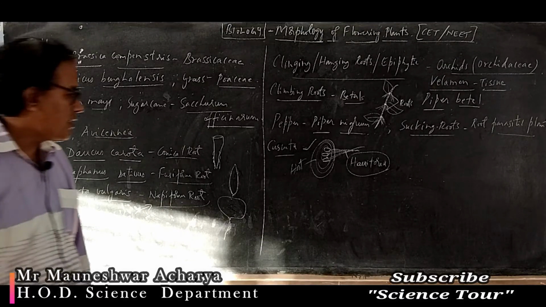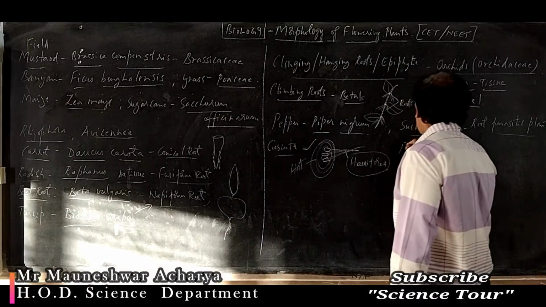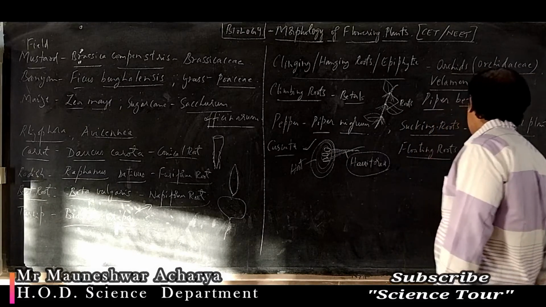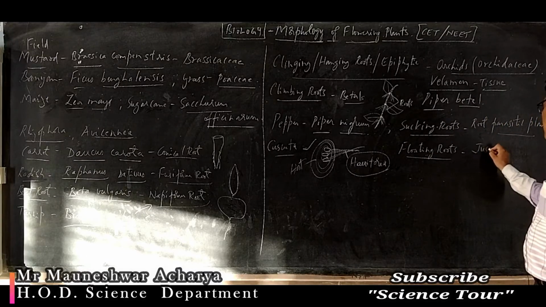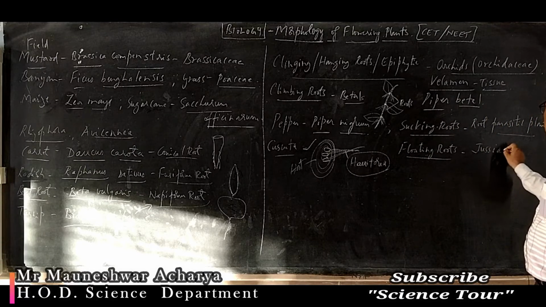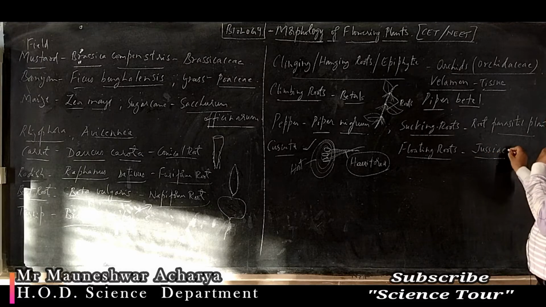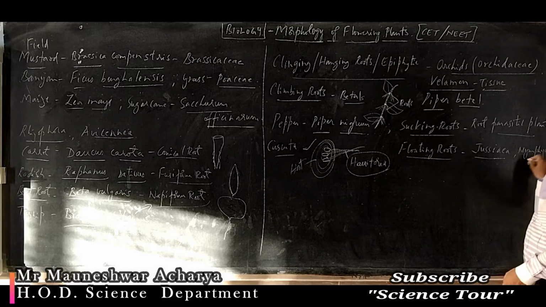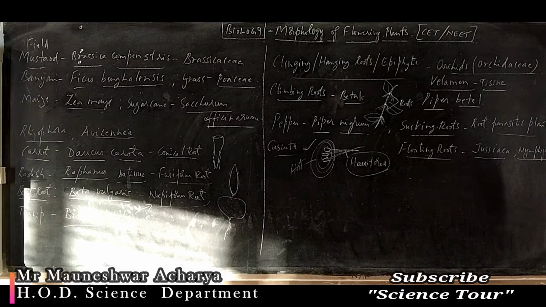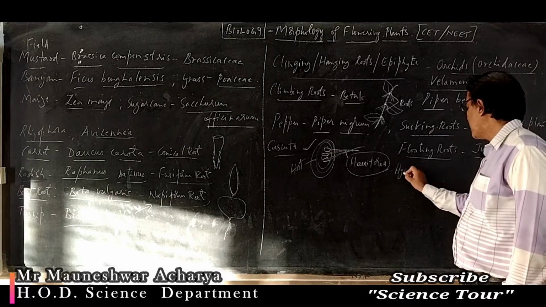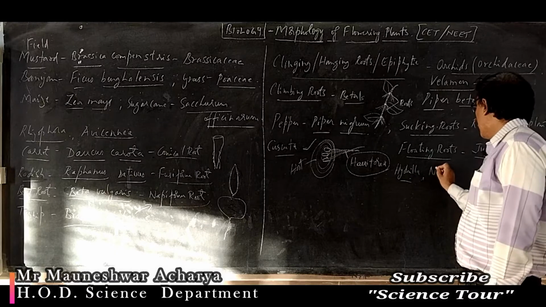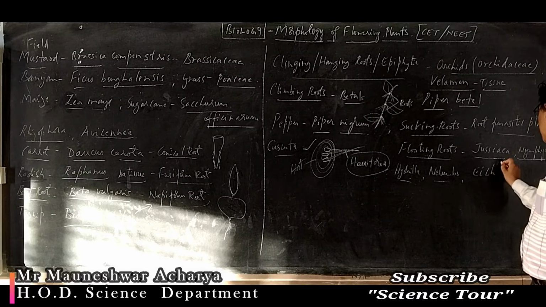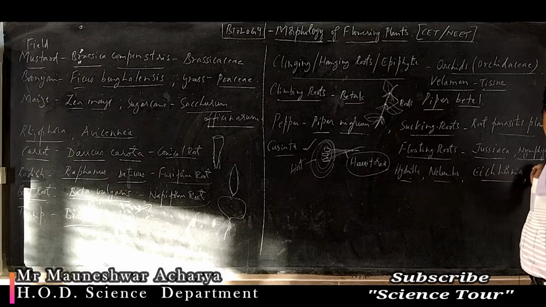Then there are also certain specialized roots called floating roots, say in the case of aquatic plants like Jussiaea, then Nymphaea, then Hydrilla, Nelumbo, Eichhornia, Pistia.